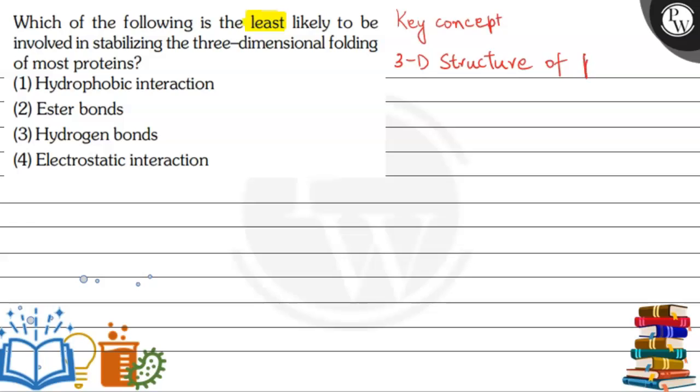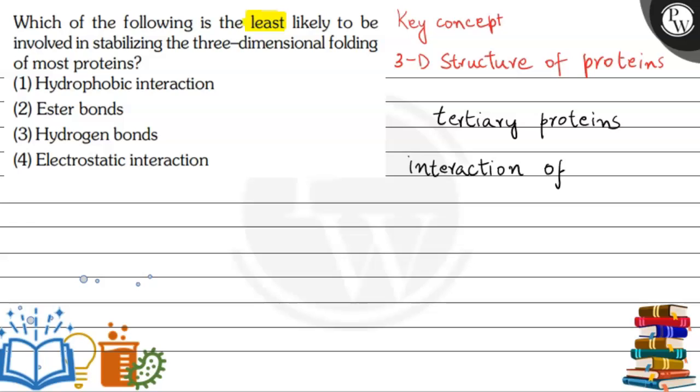Now, the 3D structure of proteins is basically known as the tertiary structure of proteins, and it is formed by the interaction of the R groups present in the amino acids of the proteins from which it is formed.